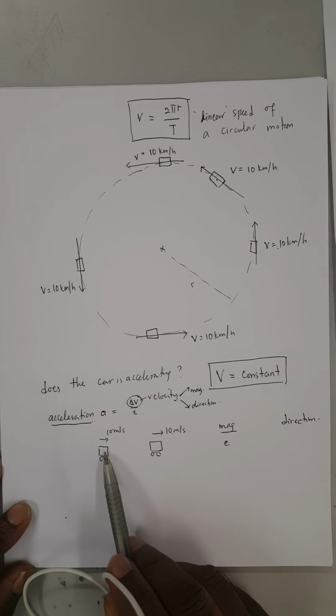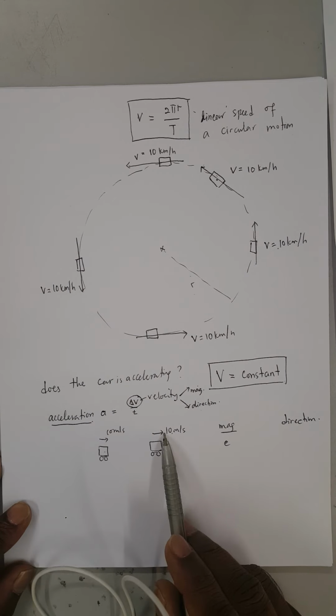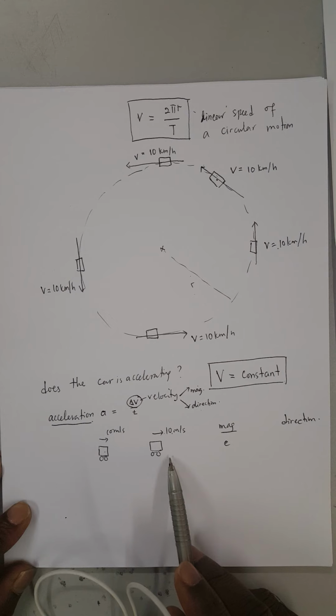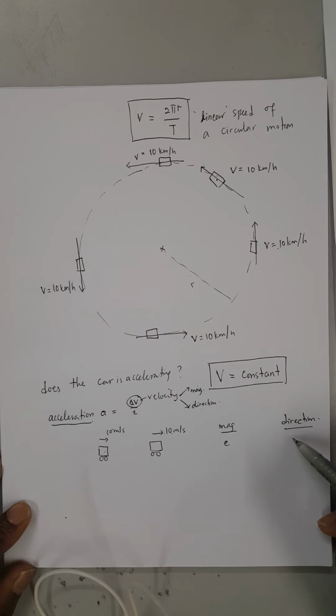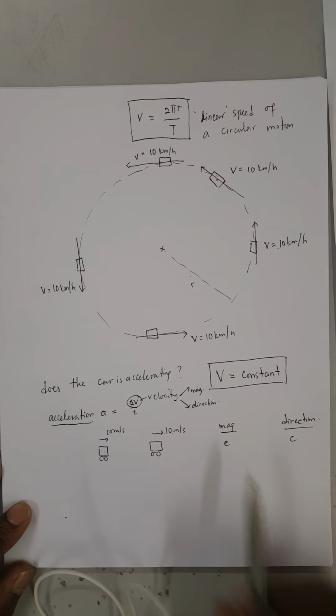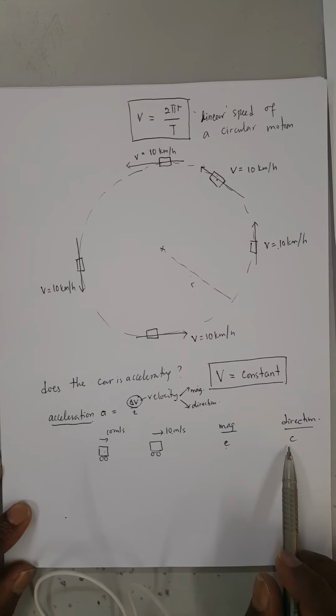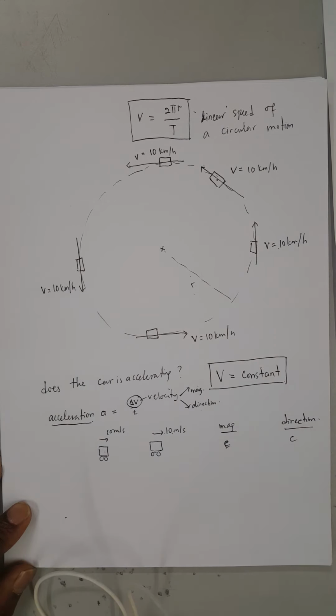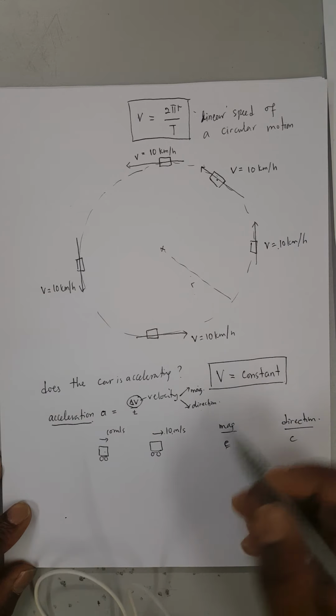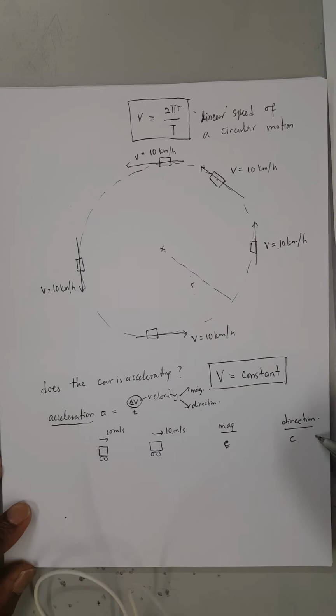And if you look at the direction, initially it's moving to the right, and in this case also it's moving to the right, so there is no change in direction, so direction is also constant. Since both are constant, the velocity is constant, so acceleration is 0. So this is the first case.